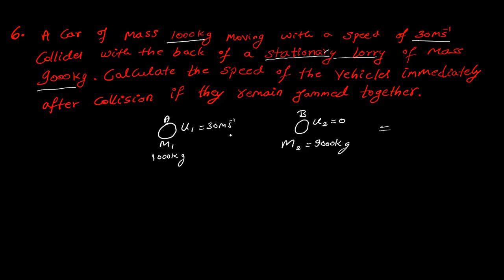After colliding, the car will come and hit the lorry. Both the masses will combine together, so A and B both will combine. The masses will be added, m1 and m2 stick together. And now we have to find the final velocity of the combined masses.